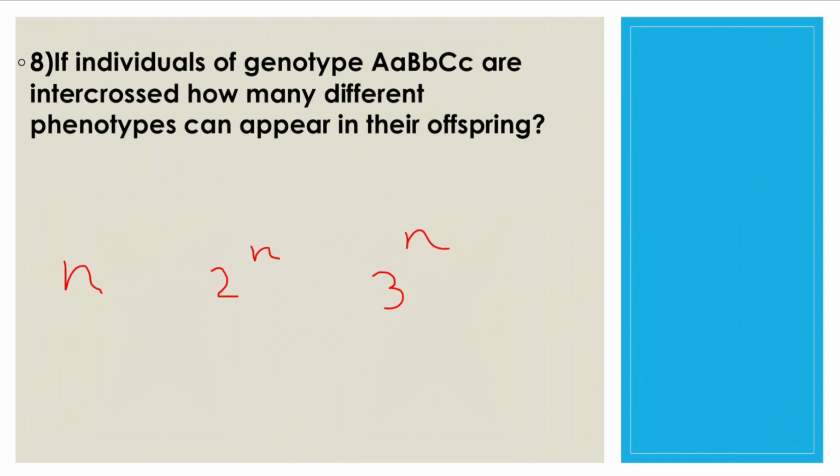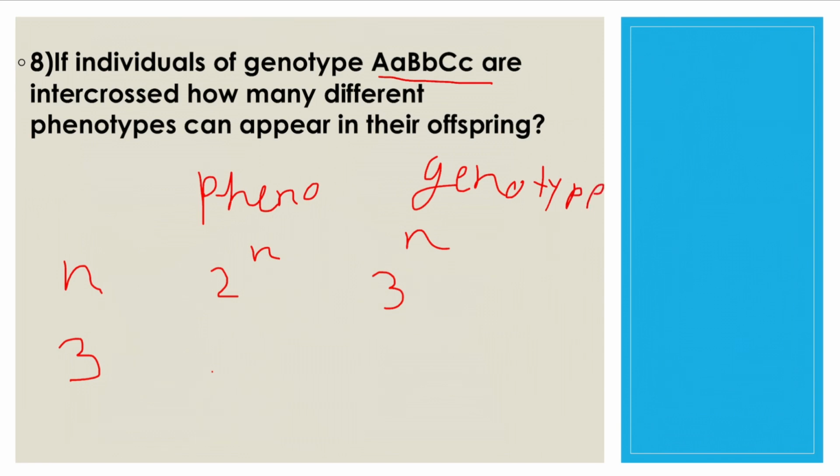So here the number of gene pairs is 3. This is a rule: the number of phenotypes will be 2^3, and the number of genotypes will be 3^3.